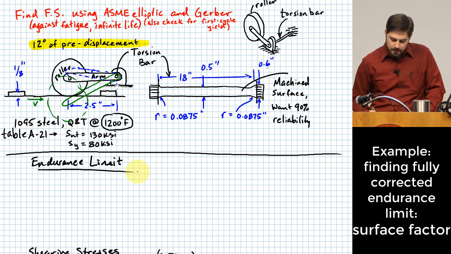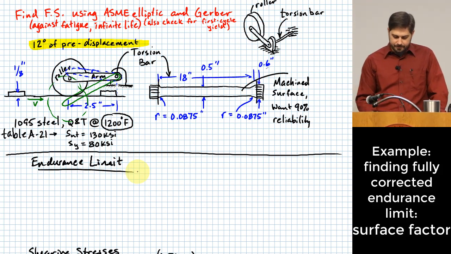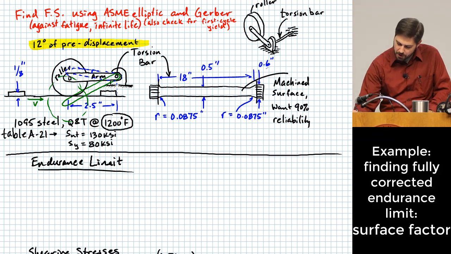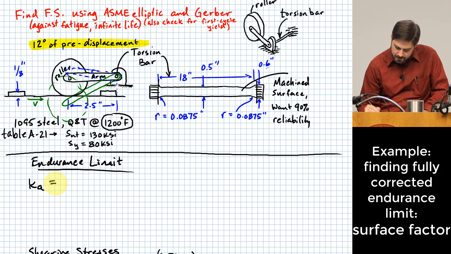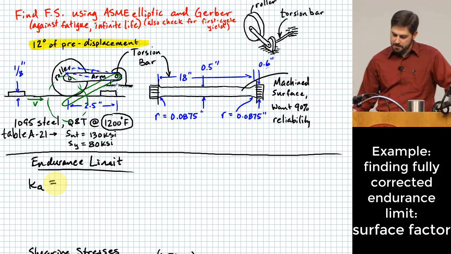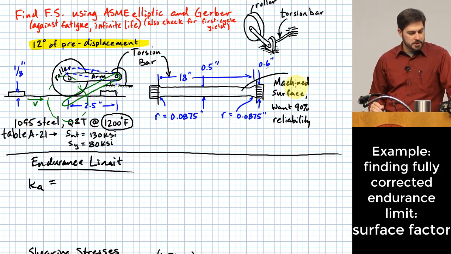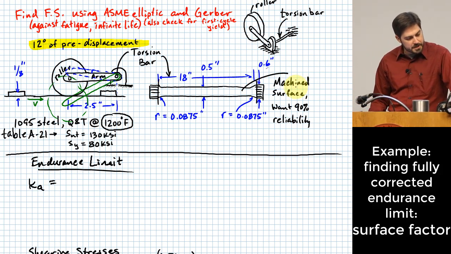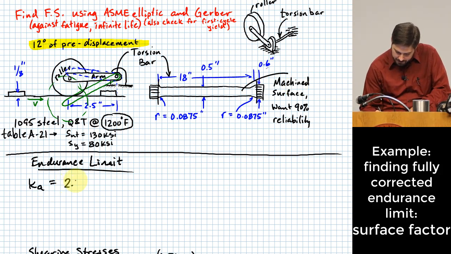Okay? Which means we need to put in some Marin factors. So we'll start with our surface factor, K sub A. What's our surface like? It says it's a machined surface, right? So we look up that textual description in table 6.2. It gives us 2.7 for the coefficient.